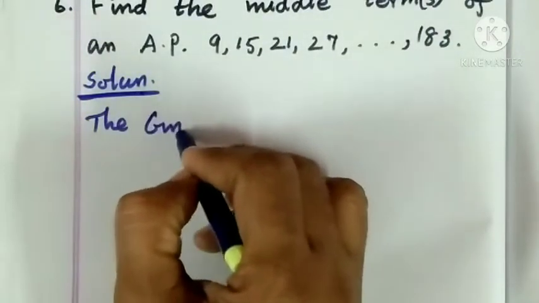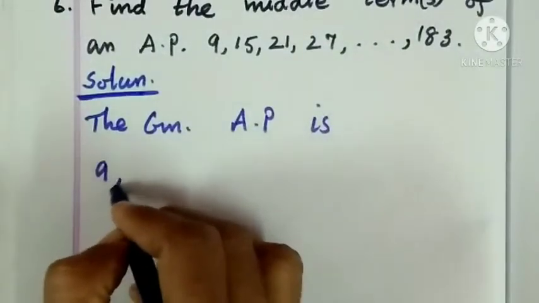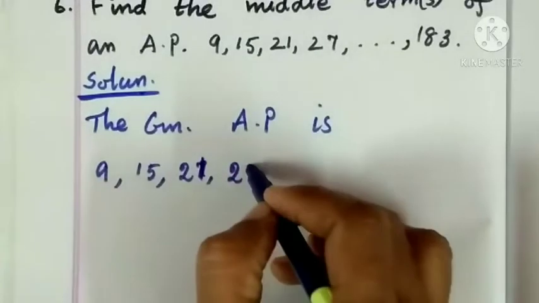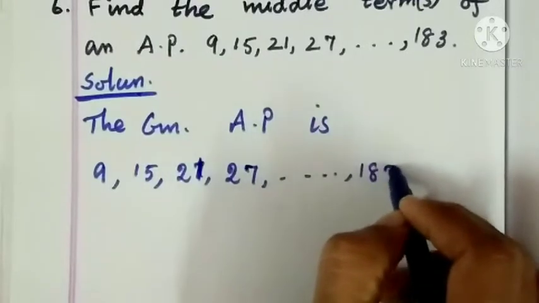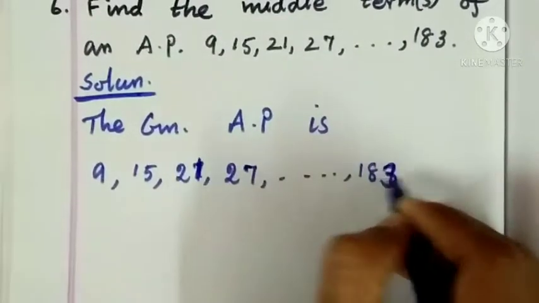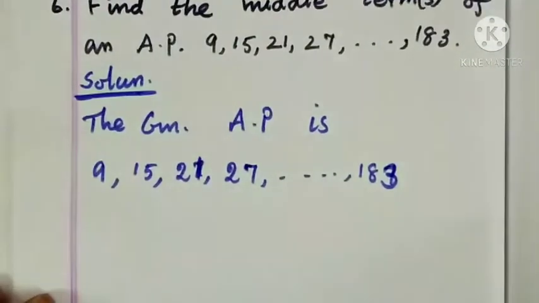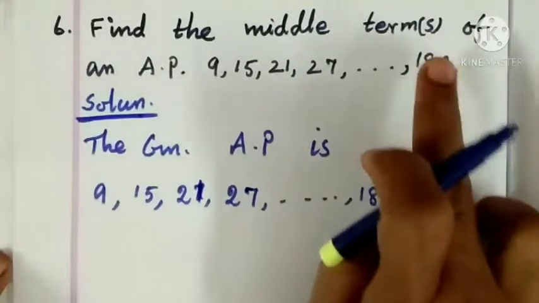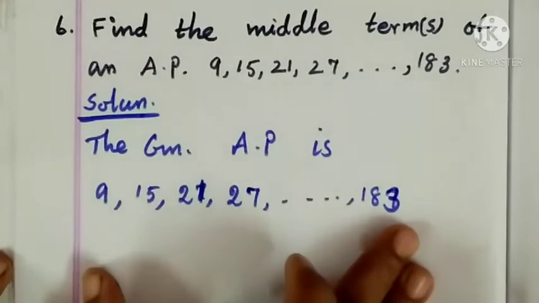The given AP is 9, 15, 21, 27 up to 183. See, in this question we have to find the middle term. That means first you have to find the total number of terms of the given sequence.